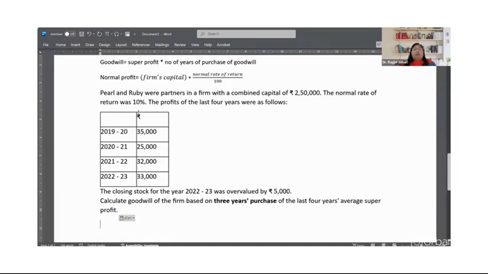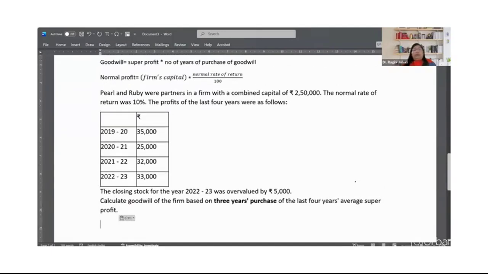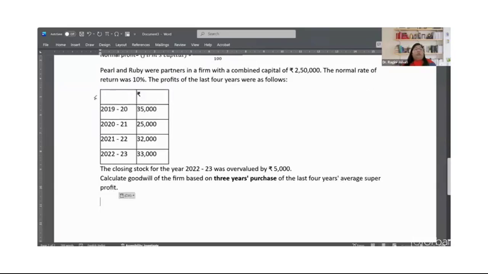Normal rate of return was 10%. Profit of last 4 years is given. The closing stock for the year 2022-23 was overvalued by 5,000. Goodwill has to be calculated for 3 years purchase of last 4 years average super profit. Okay, so let us start working this.